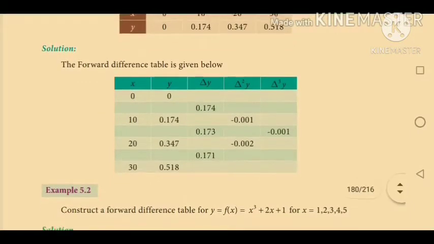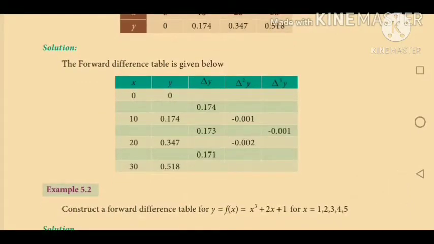Here, in the third column, delta y, it is found by subtracting the first element in the y column from the second element, that is 0.174 minus 0 equal to 0.174. Likewise, the third element in the y column, 0.347, minus the second element, 0.174, we get 0.173.